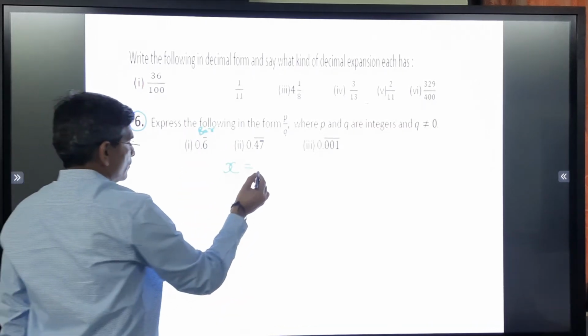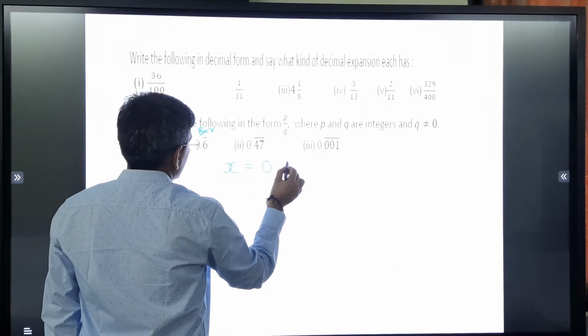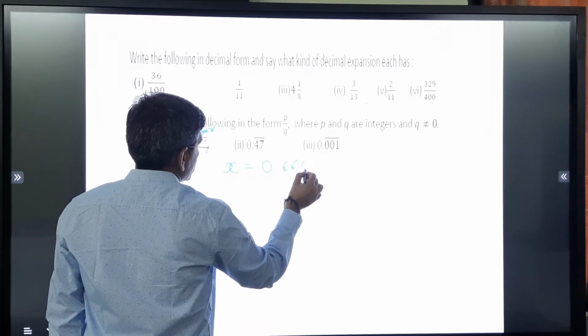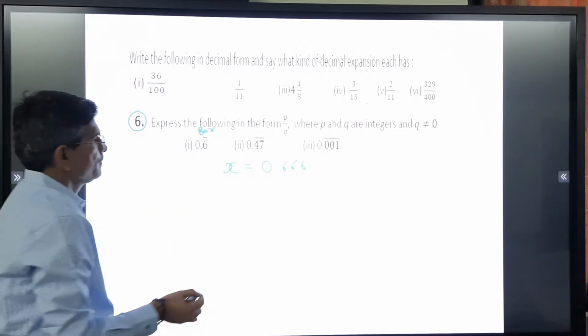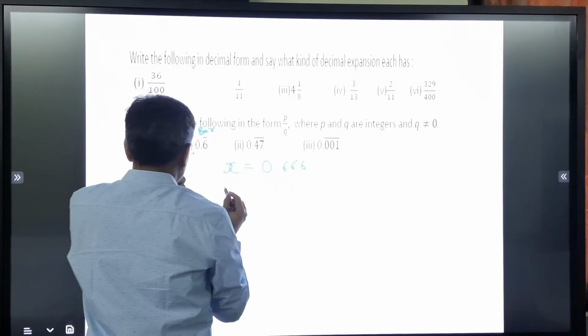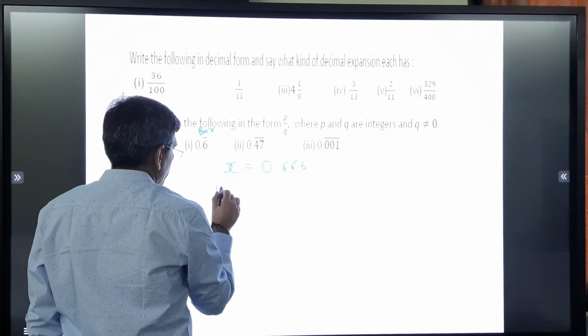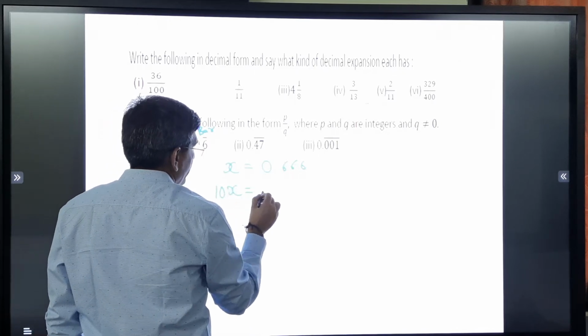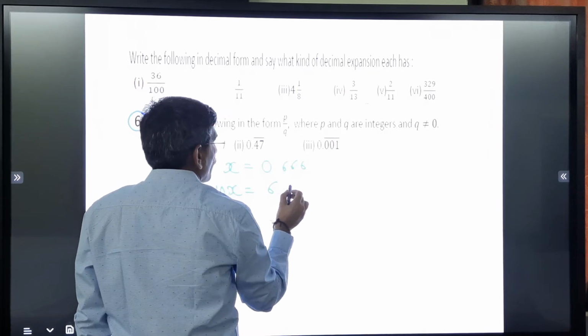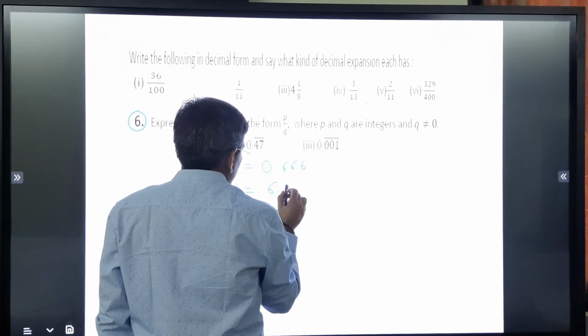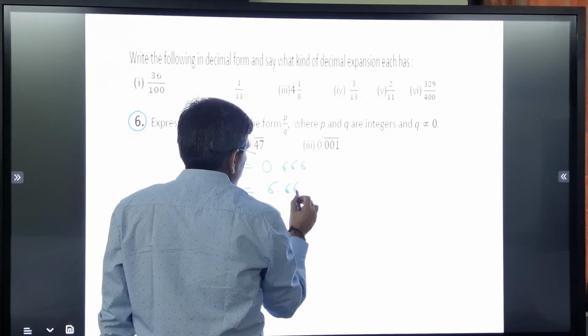So x is equal to 0.666. Now one bar is there, so I have to multiply both sides by 10. So the answer is 6.66.